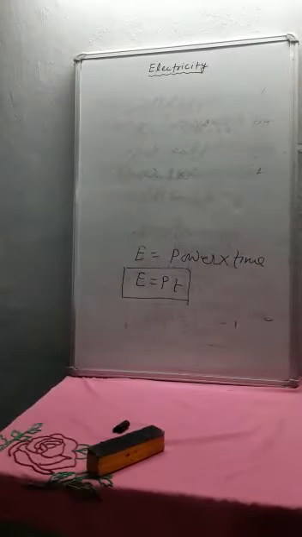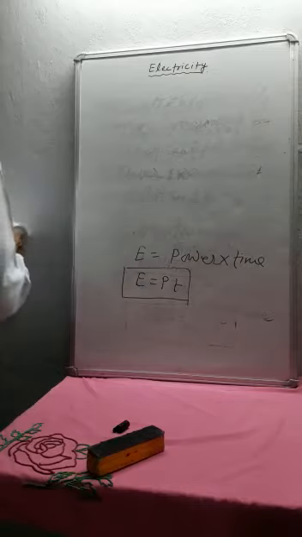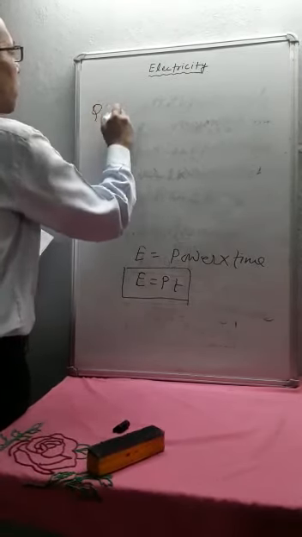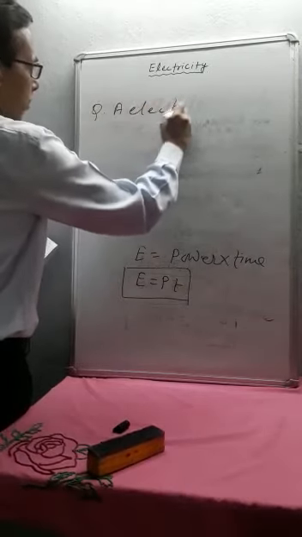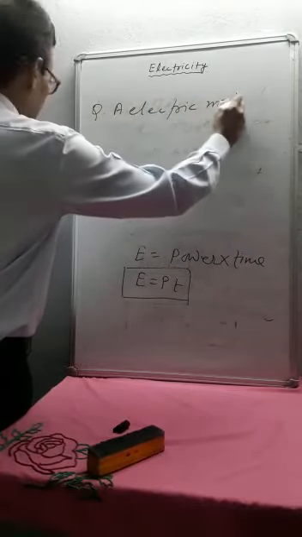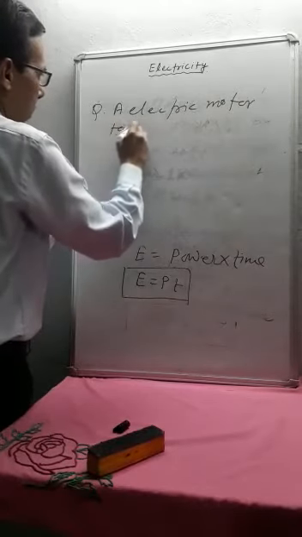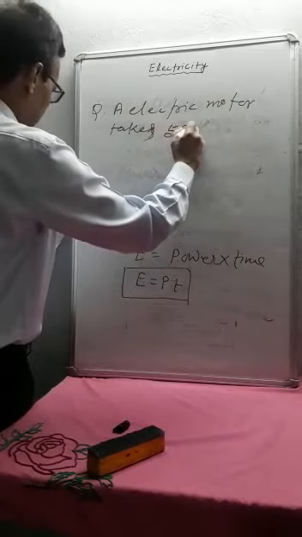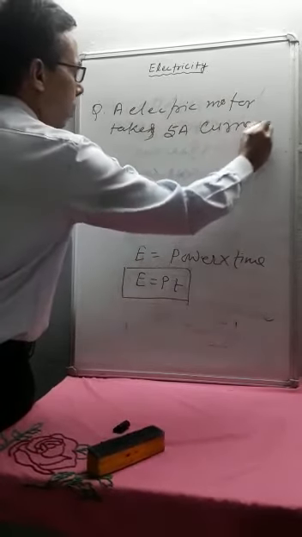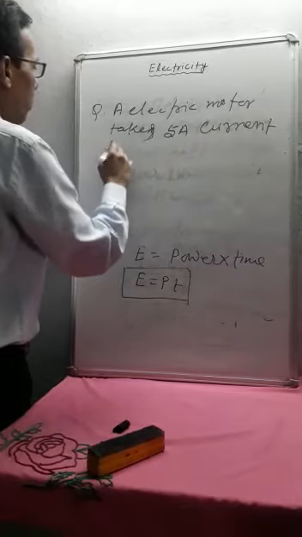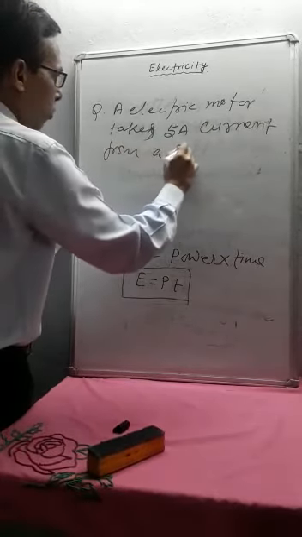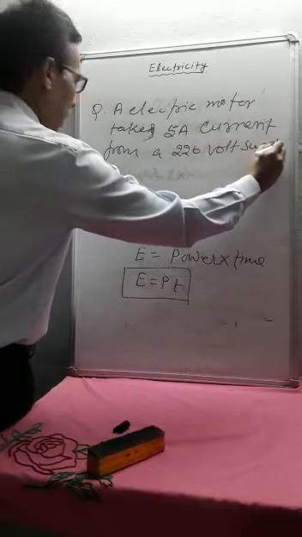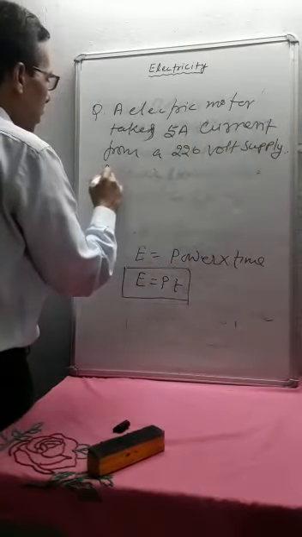One question is, one electric motor takes 5 ampere current from a 220 volt supply line.